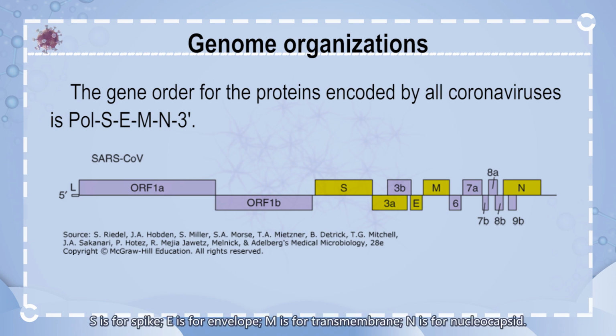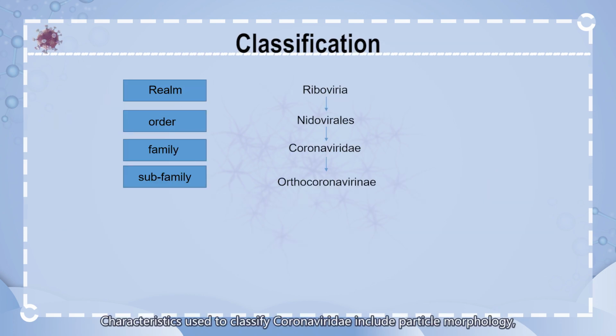S is for spike, E is for envelope, M is for transmembrane, N is for nucleocapsid. Characteristics used to classify Coronaviridae include particle morphology, unique RNA replication strategy, genome organization, and nucleotide sequence homology.